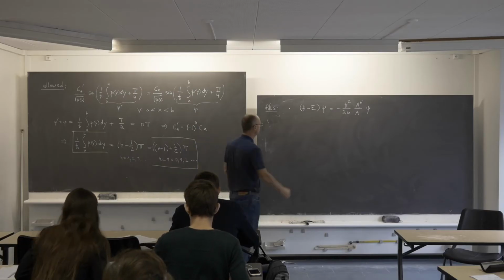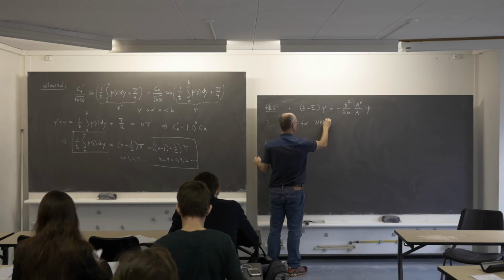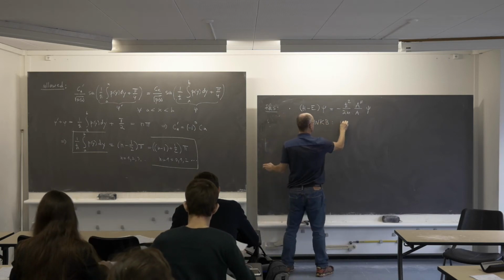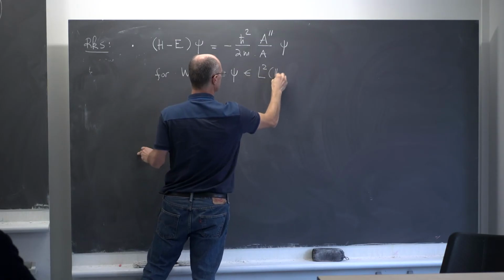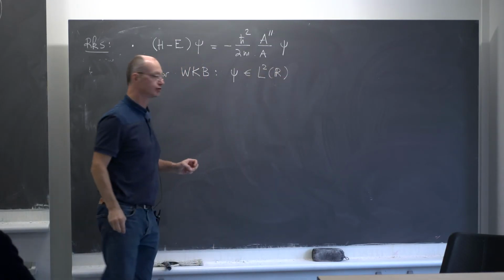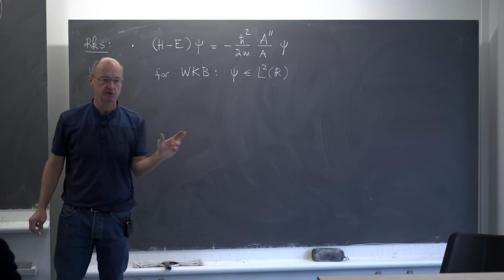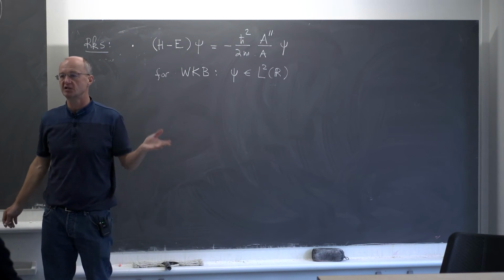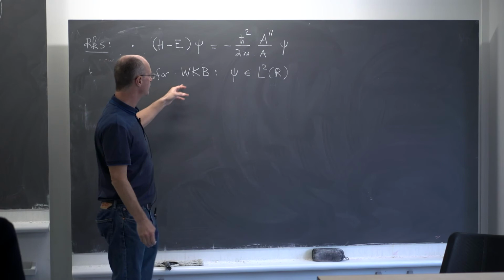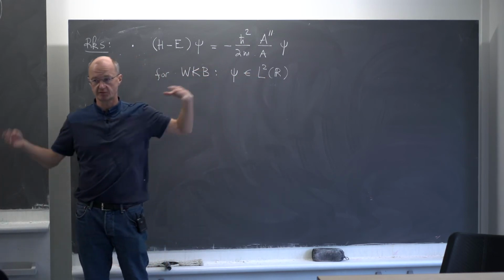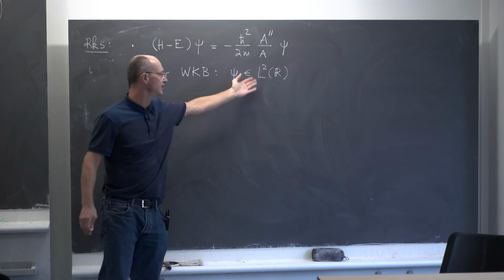So for the WKB, we know that psi is in L2 of R. So we replaced it in the problematic regions by the Airy function. The Airy function is a nice holomorphic function. It's bounded on that region. So now for the asymptotics at plus and minus infinity, we fixed the falling exponential, so it's in L2.